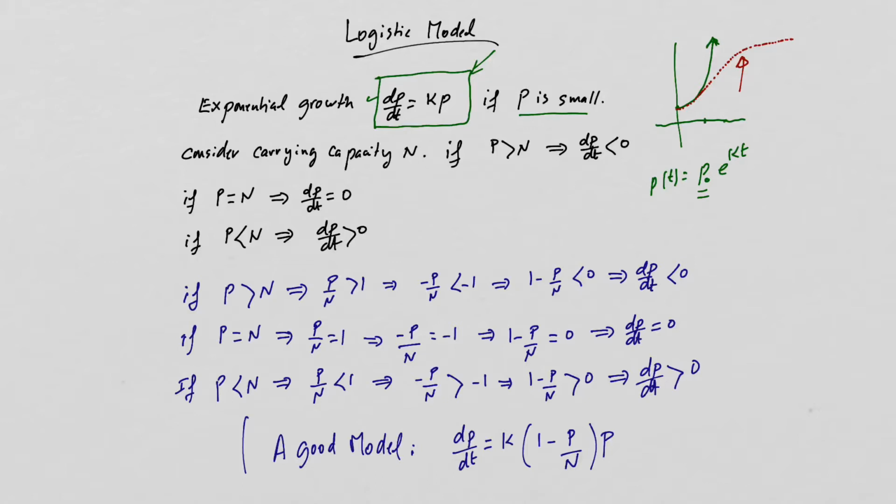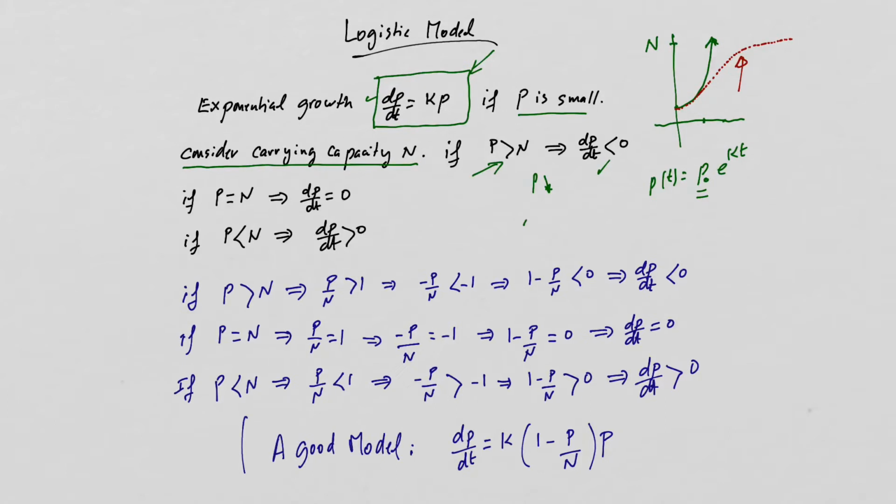So let's just consider that there is a carrying capacity N. This is where the population stabilizes, and if the population is greater than the carrying capacity, that means the population would have to decrease. And if the population decreases, then the rate of change has to be less than zero from calculus, right? If f is decreasing, then f prime is negative.